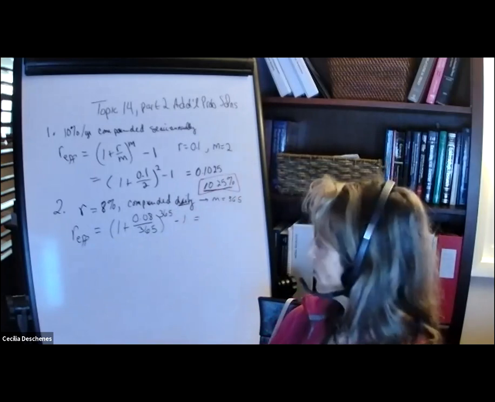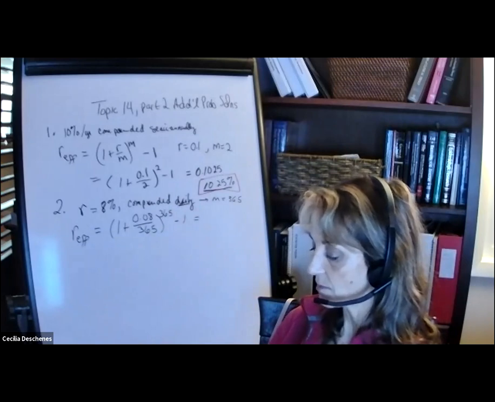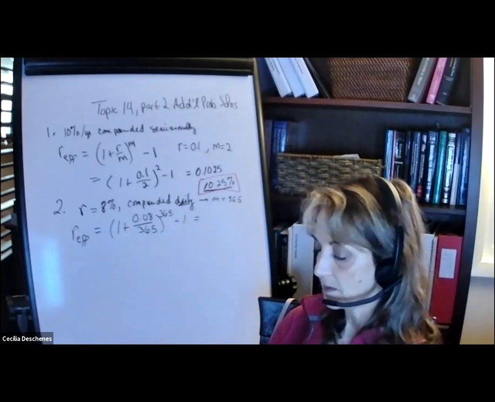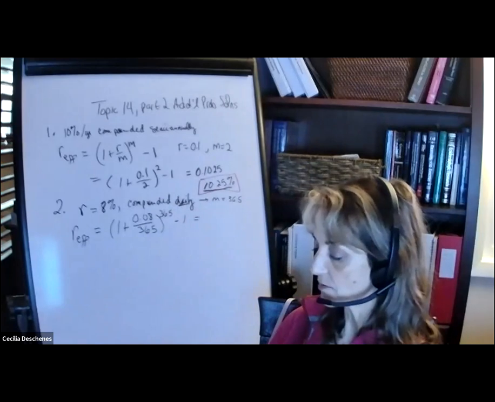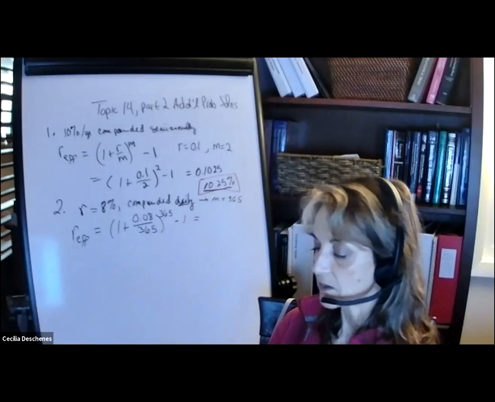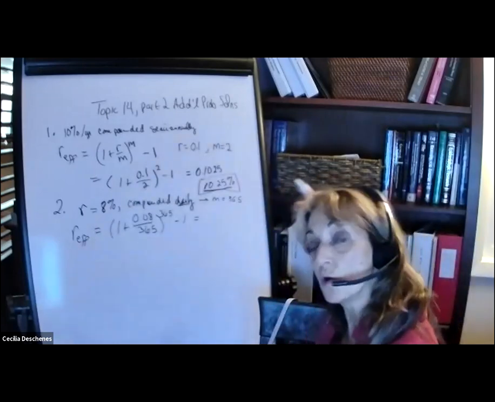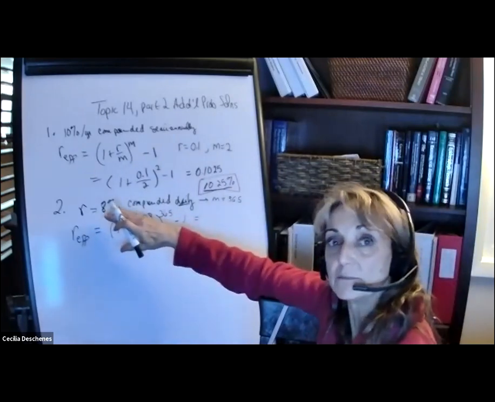Okay, so let's take 0.08 and divide that by 365. We're going to add 1 and then raise it to 365. And when we're all said and done, we subtract 1 off. So I get that this comes out to a little bit more than 8. It should always be a little higher than your rate.